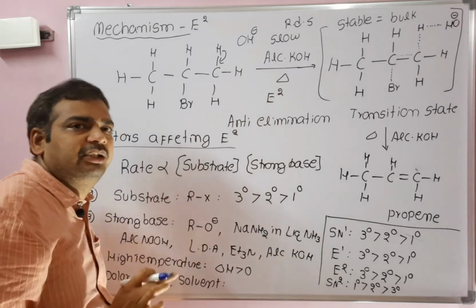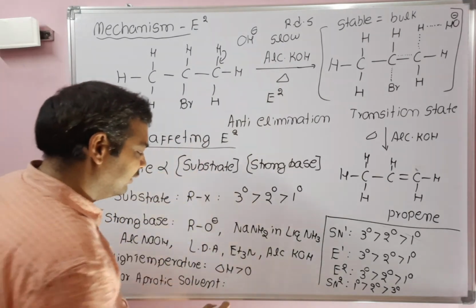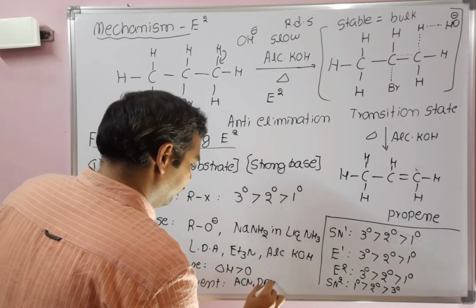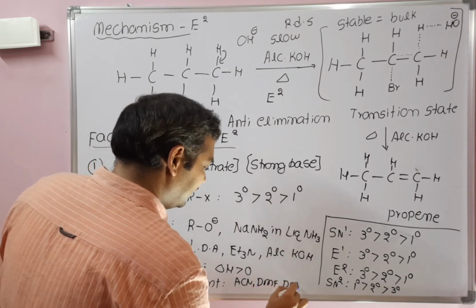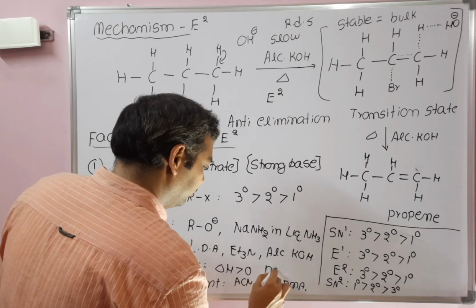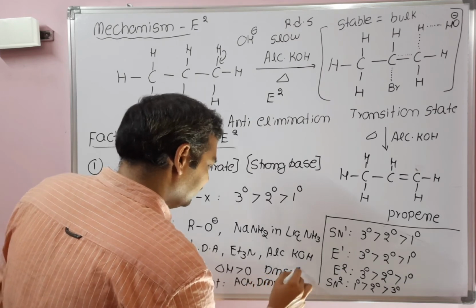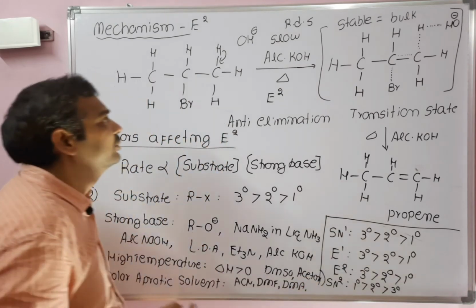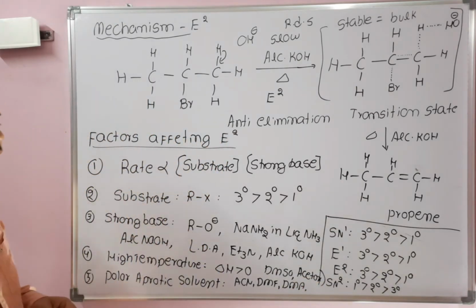That's why we always need to use polar aprotic solvents. These are the factors affecting E2 reaction.